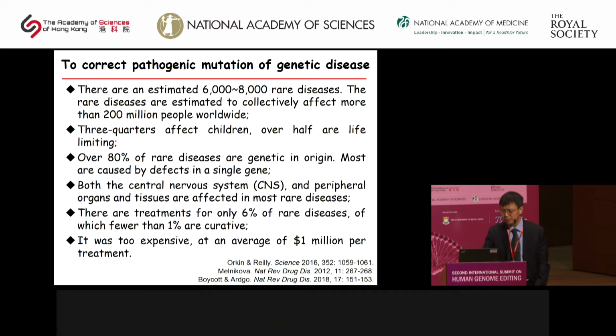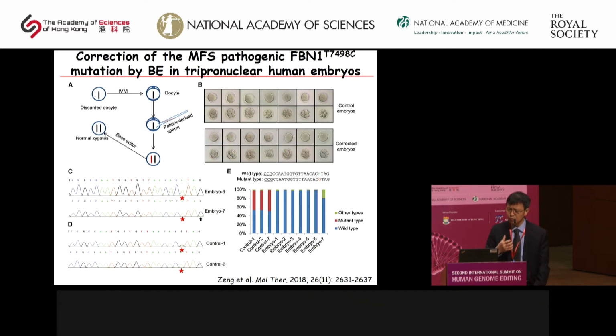So to this end, we chose the Marfan syndrome pathogenic mutation here, and we first tested the hypothesis by generating a mutant cell line, then corrected the mutation by base editor in the cell line.